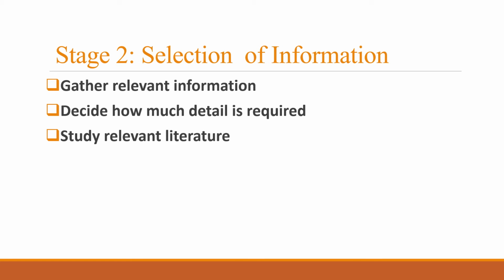Here comes the second stage of report writing. This stage is related to the selection of information. What is much more important in writing a report is the information that is provided. This decision is very crucial: deciding which information needs to be included and what to exclude.